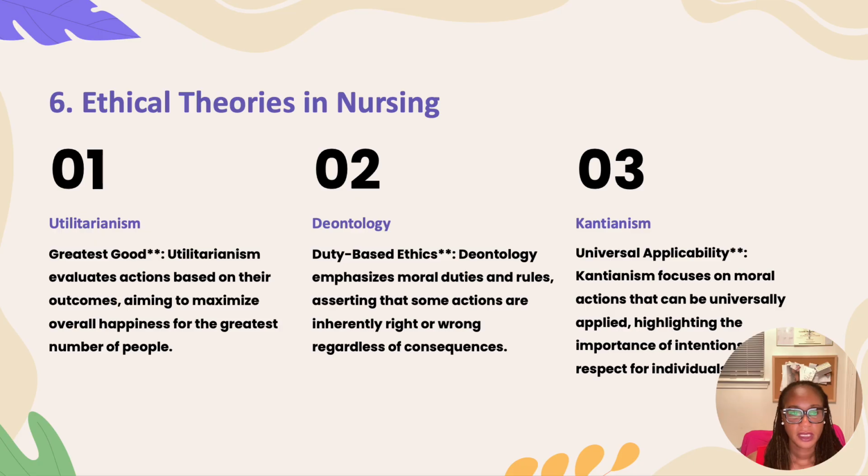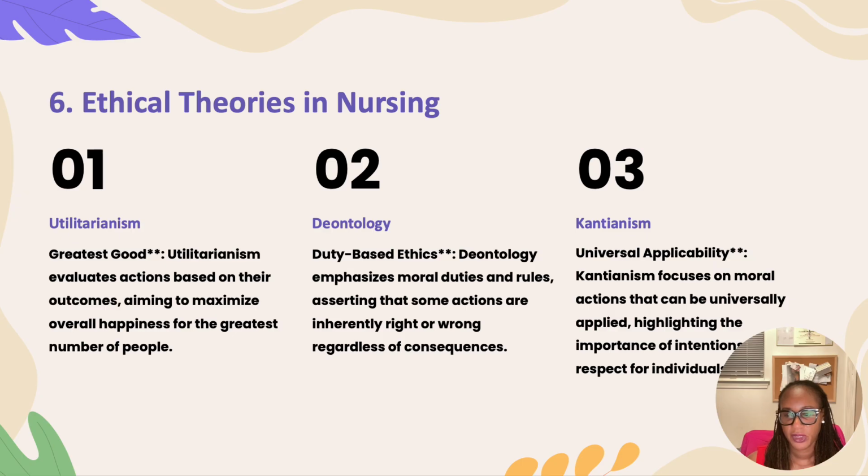Ethical theories in nursing. Utilitarianism, teleological, excuse my pronunciation. This focuses on consequences, the greatest good for the greatest number. An example is allocating limited resources to save more lives. Then deontology, focusing on duties and rules.